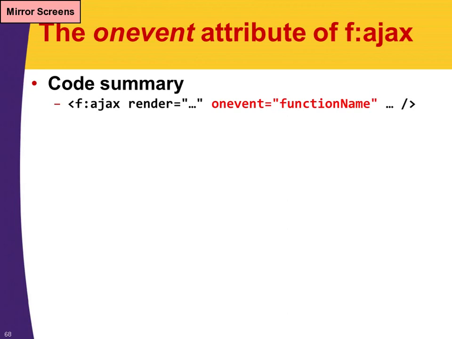But if for some reason you wanted to be able to monitor the Ajax call, remember what happens, it has a beginning and a middle and an end. And you can say this is starting, and then it's processing, and then it's completed.